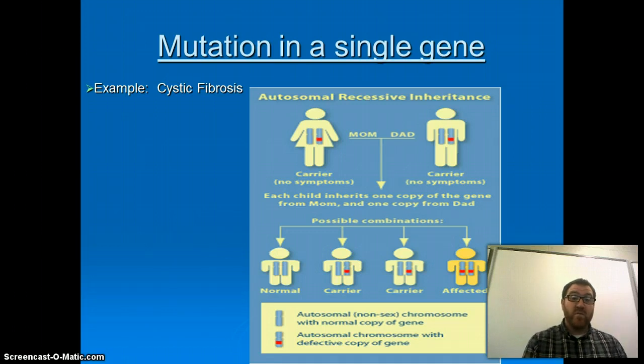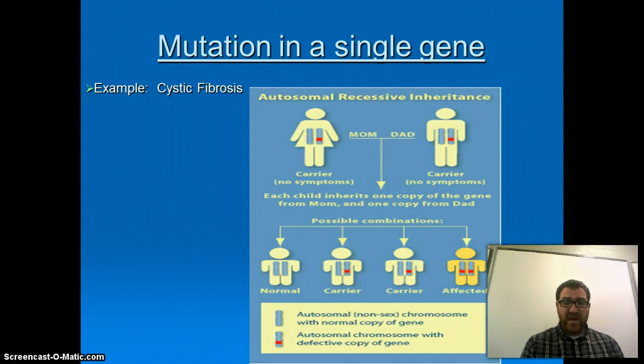So with an autosomal recessive, basically what we have happening here in the diagram is you've got a mom that's a carrier, which would mean that they have not only the recessive allele, but also the dominant allele for cystic fibrosis. And your father is set up with the same genotype, dominant and recessive alleles for the cystic fibrosis gene.